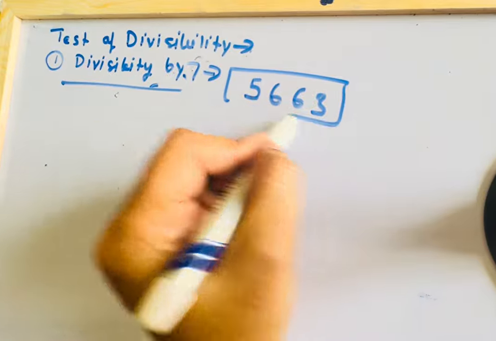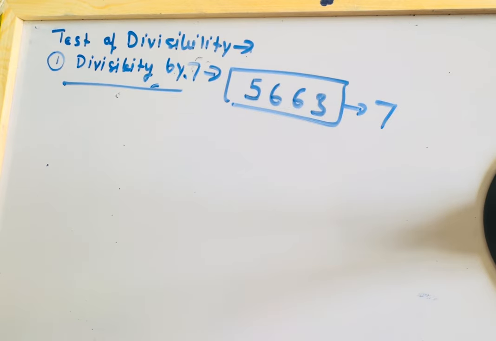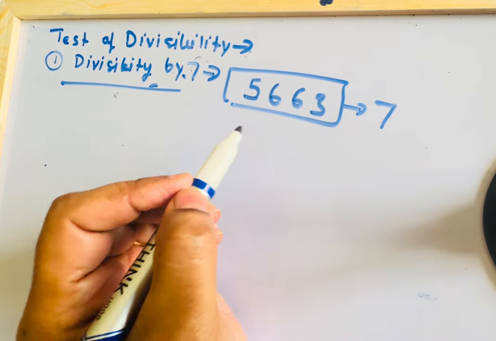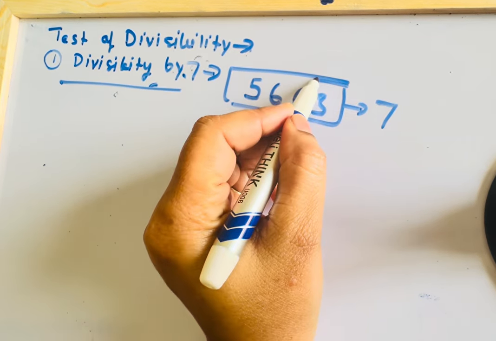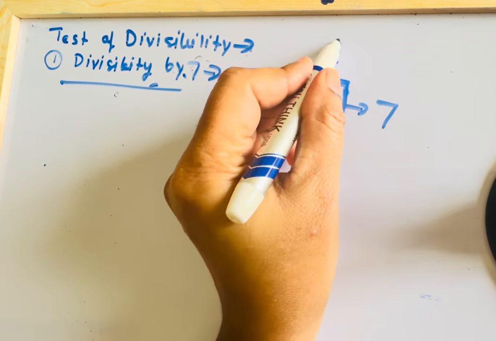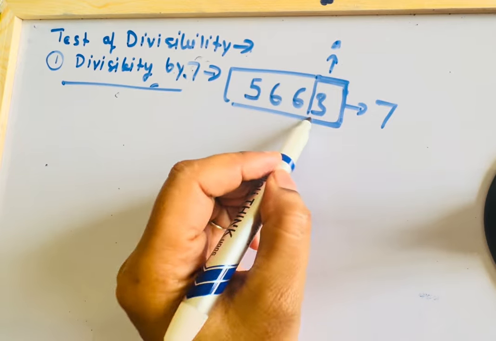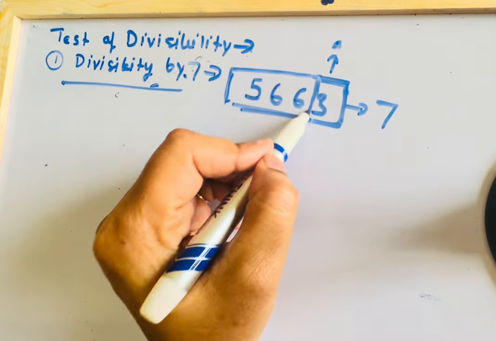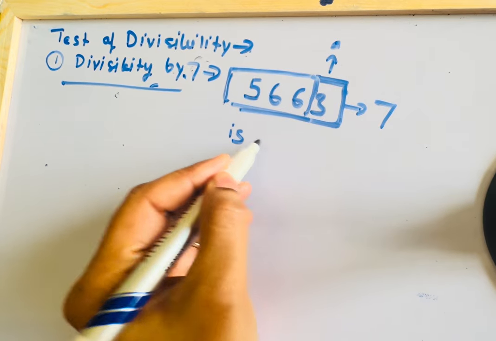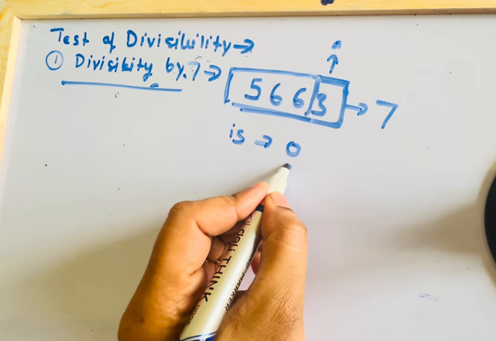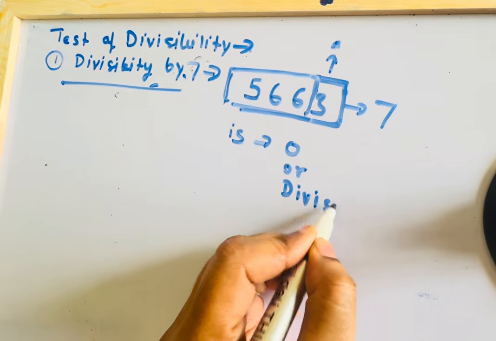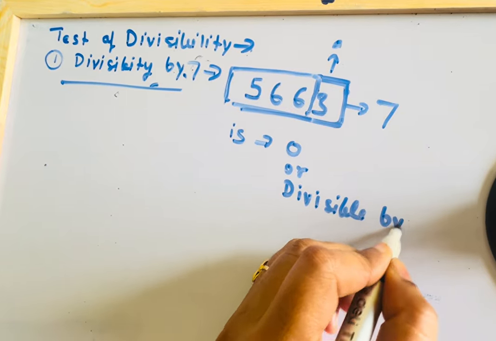See, the difference between twice the last digit, meaning the ones place, and the remaining number is 0 or divisible by 7.